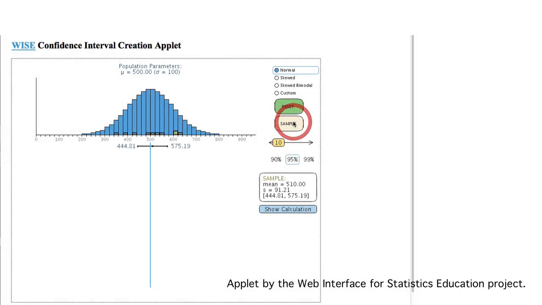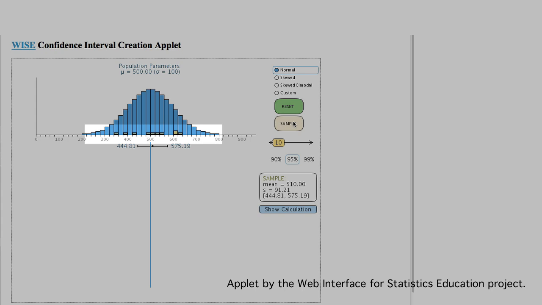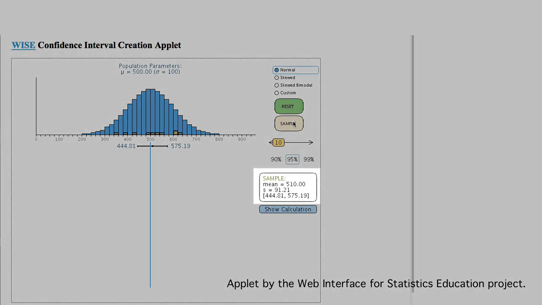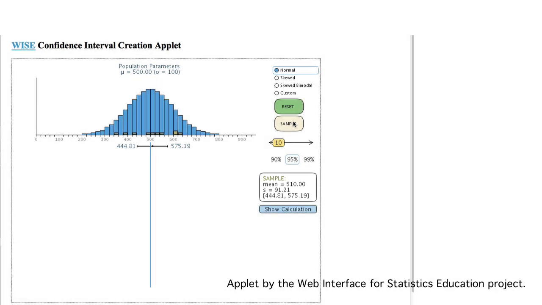We'll take a random sample, and you can see in yellow the sample values that were selected to be our data. For this sample of size 10, the average, x bar, which is our estimate of mu, is 510, and the standard deviation of the sample is calculated to be 91.21. That's our S. Again, we're going to stick to 95% confidence throughout.